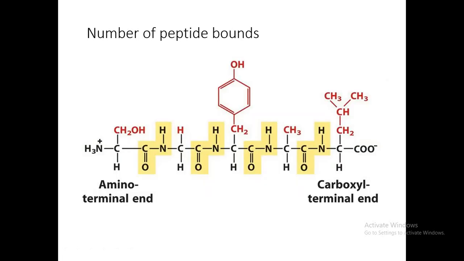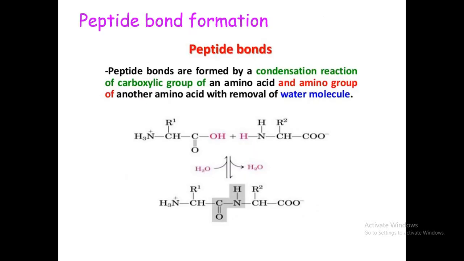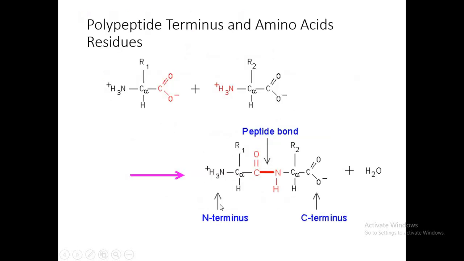One more thing I would like to make clear here: when two amino acids join with each other, they form one peptide bond, but we call this a dipeptide, because it has two amino acids.